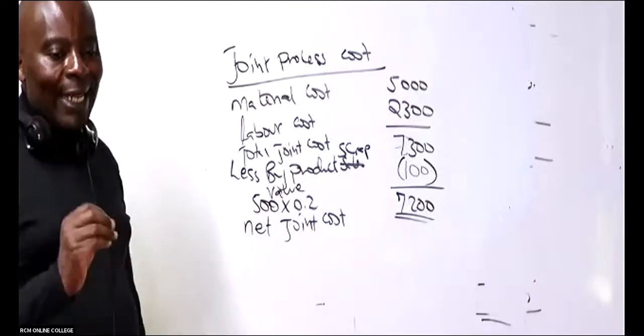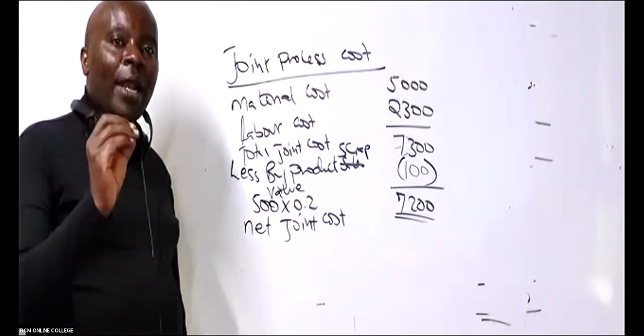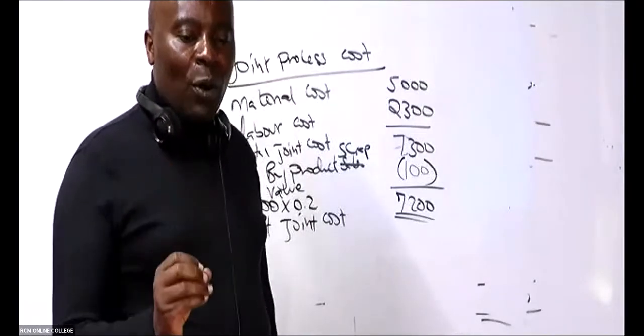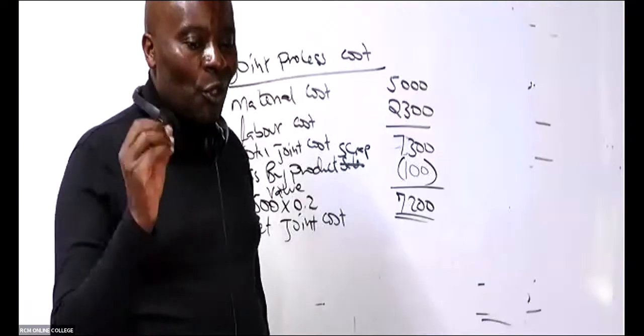So now these net joint costs are the ones that are supposed to be apportioned. And remember here, the examiner wants us to use physical units.